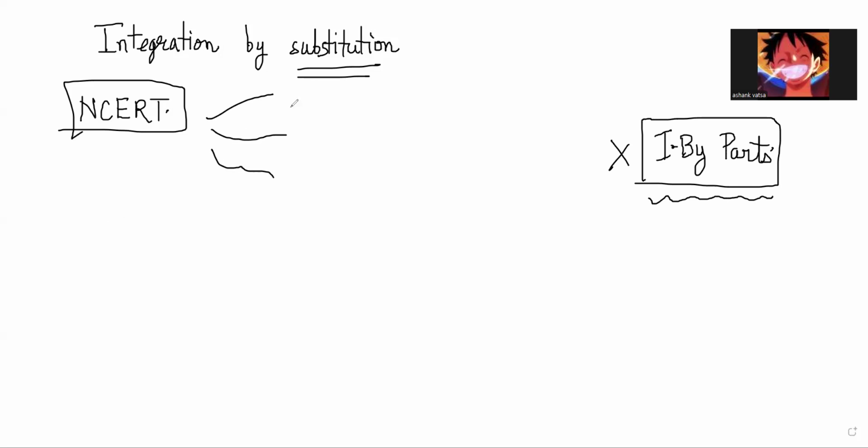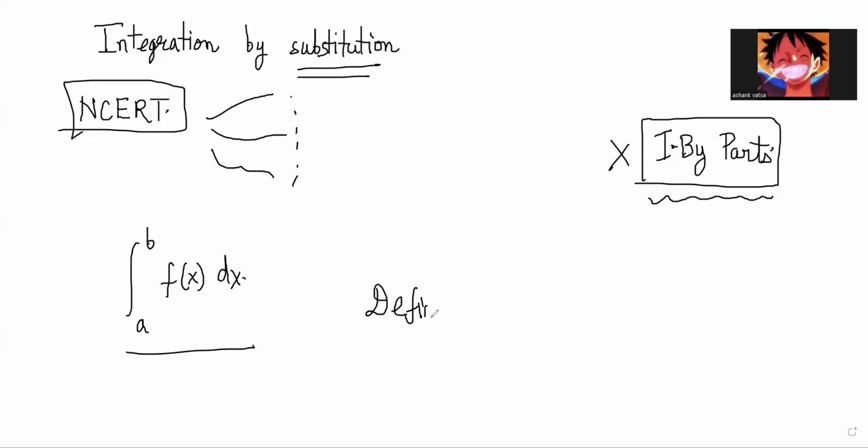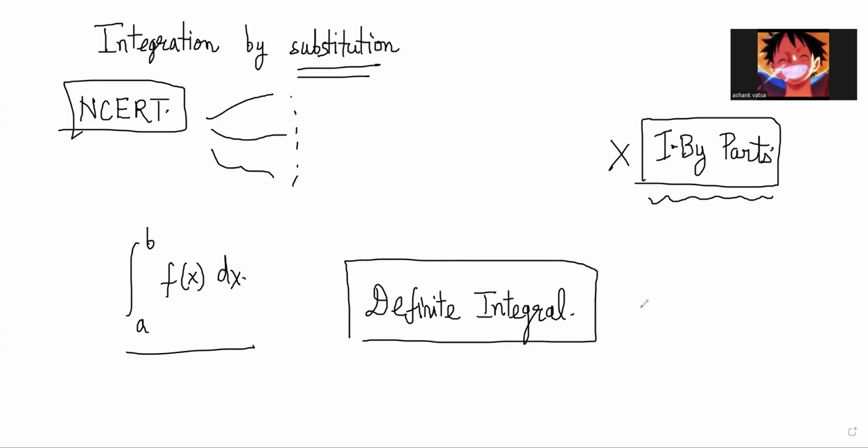If you are done with that exercise, you can go to the next chapter, which talks about the definite integral, integral from a to b of f(x) dx. Whichever section is talking about the definite integral, you need to go to that, and it defines it as an area under a curve.